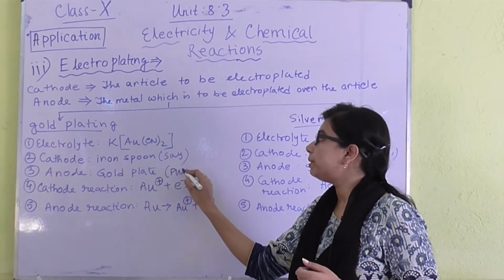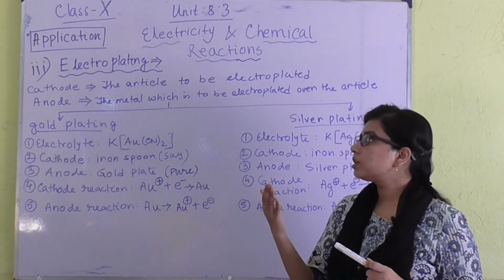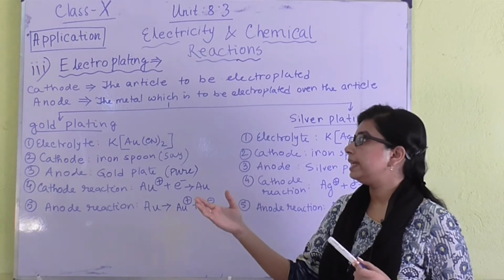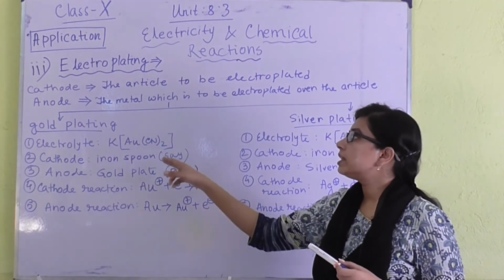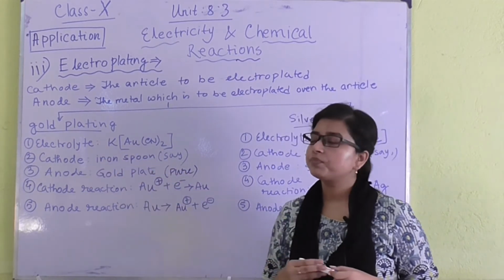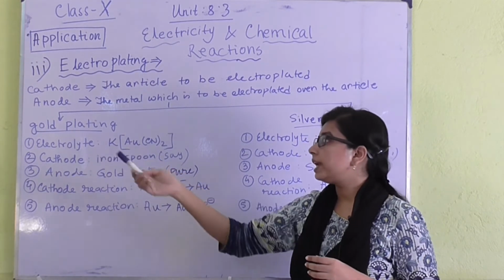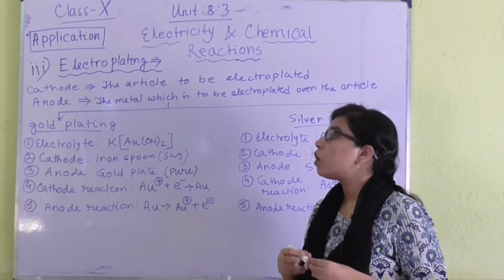Okay, it should be pure, and over which utensil or article we want to do the plating, that is, if we consider here an iron spoon, the spoon will be taken as the cathode, and we have to take a solution, an electrolyte, that is potassium aurocyanide.